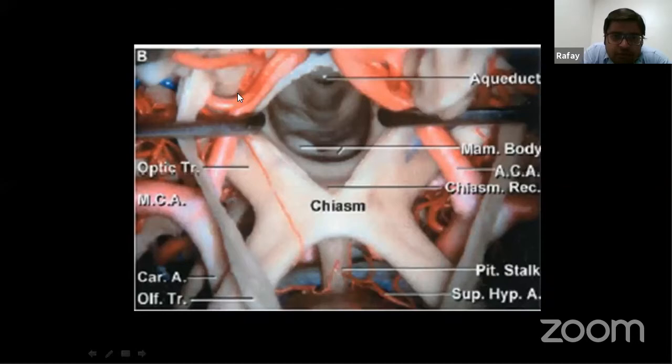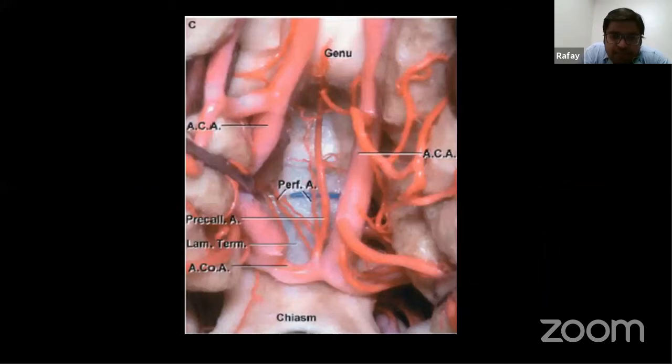Note the close proximity of the anterior cerebral artery with the anterior wall of the third ventricle or the lamina terminalis. This is again the anterior view of the anterior wall of the third ventricle, showing the membranous lamina terminalis and the close proximity of the anterior cerebral artery supplying the anterior wall with perforating branches.